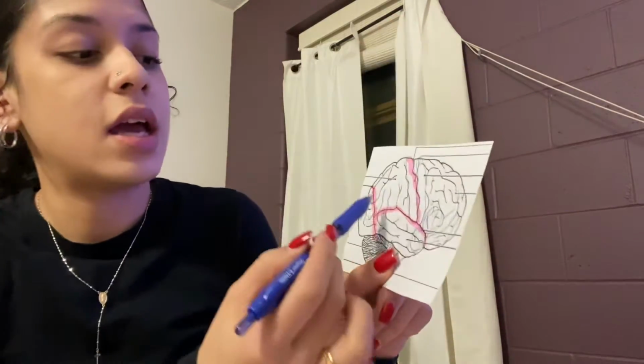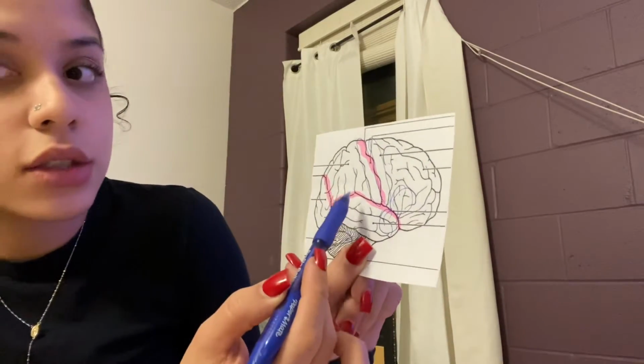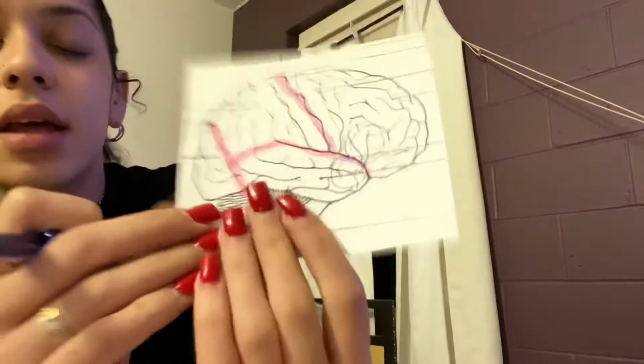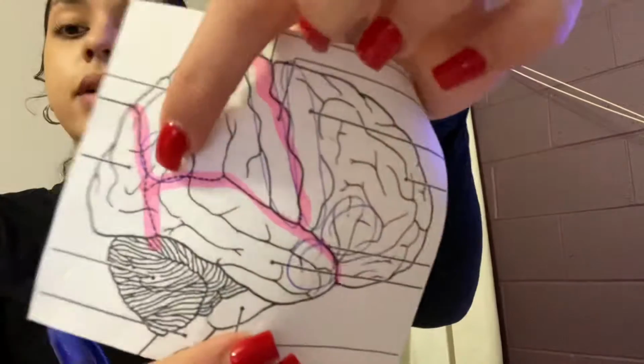Your angular gyrus is going to be here, and your supramarginal gyrus is going to be next to it, right about here. That's going to be your inferior parietal lobe, and that's going to be more in charge of your language comprehension as well. So that whole area is going to be here where I just circled.